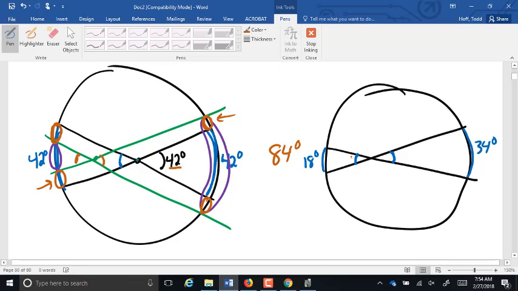I know that the sum of the two angles, x and x, equals the sum of the two arcs, don't I? So since the angles are the same, one angle is just equal to half the sum of the two arcs. So I add them together and divide by 2. Oops, 34, thank you. 18 plus 34 is 52. Divided by 2 is 26 degrees. So each of those angles is 26 degrees.